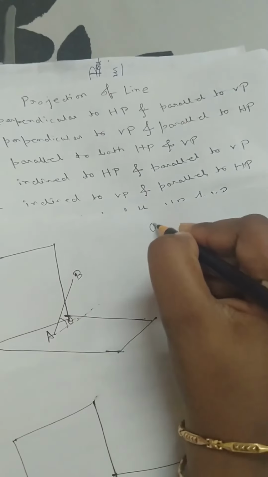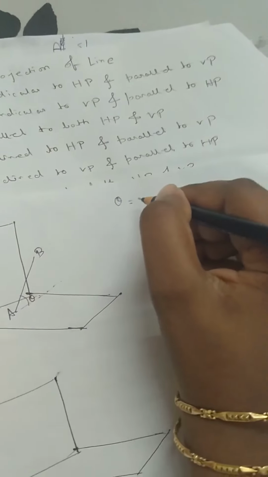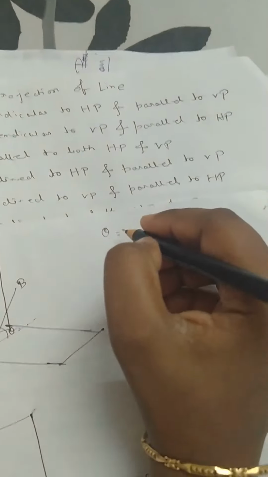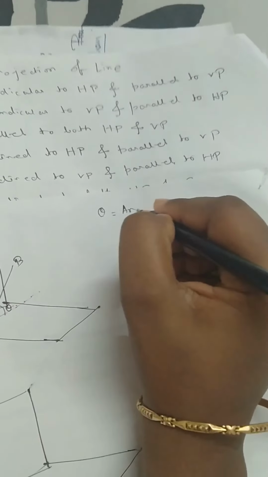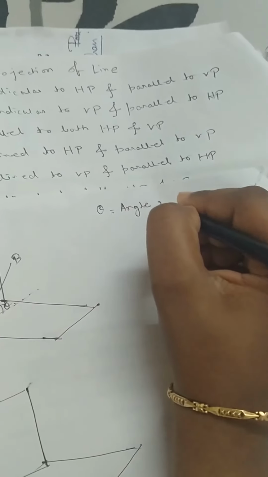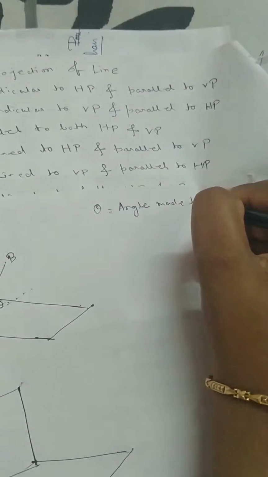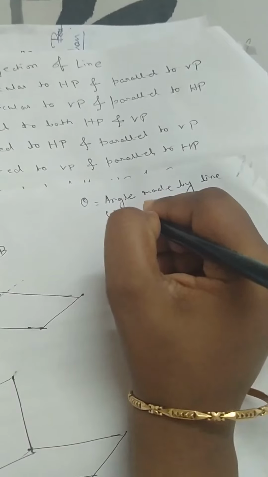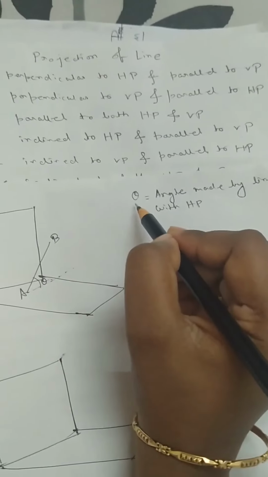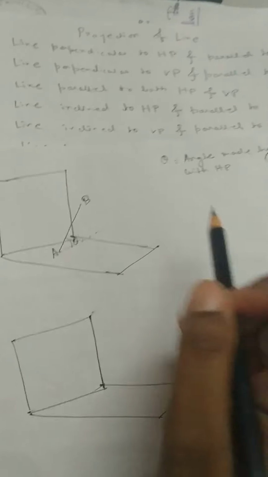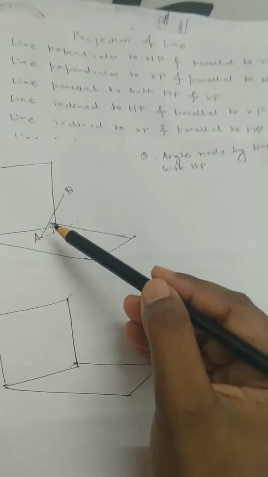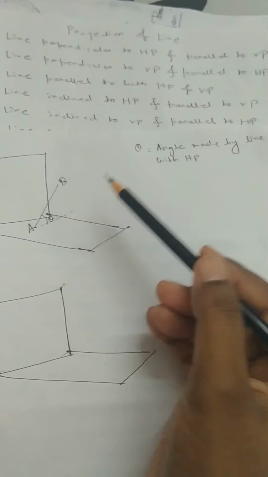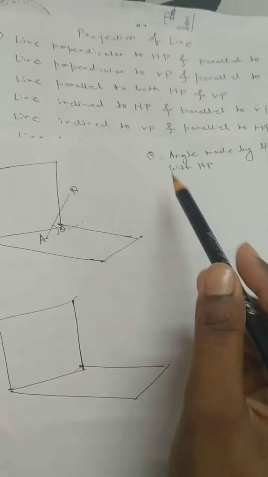So now take this into consideration. For whatever problem you get, the angle made by line with HP, that is theta. So whenever the line will be making an angle with HP plane, that will be theta, always remember.